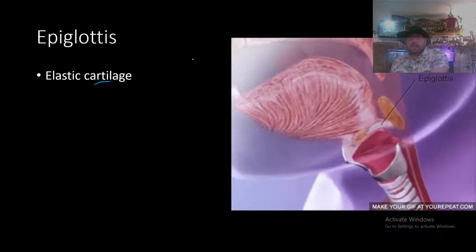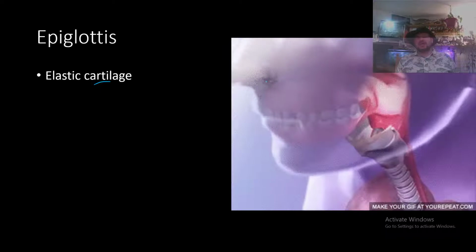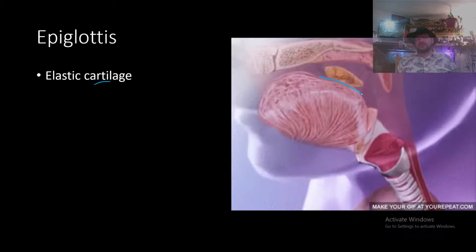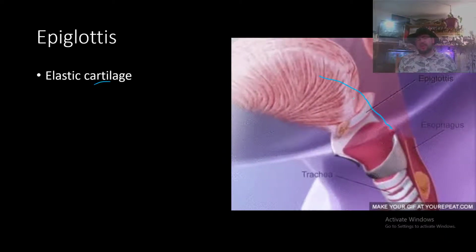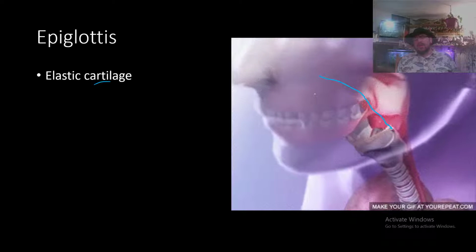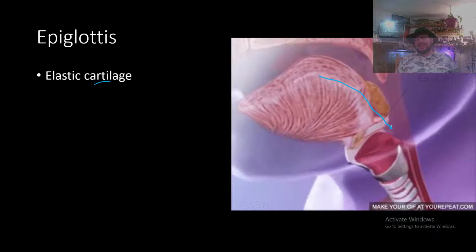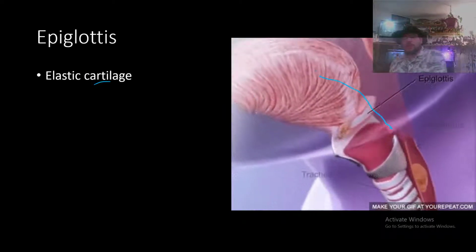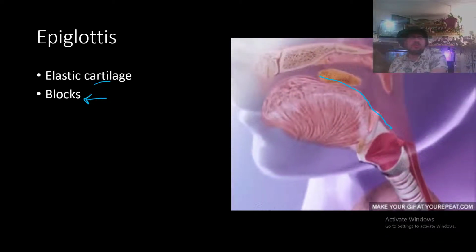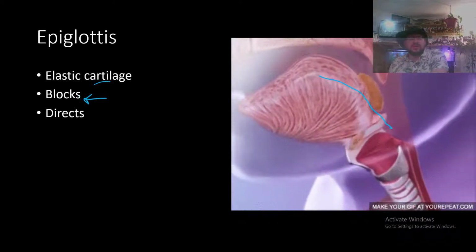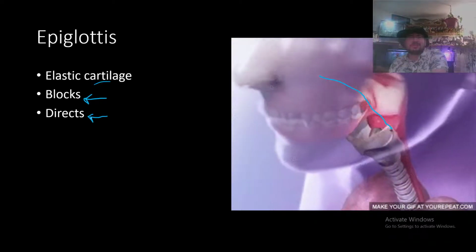So, basically, as food passes beyond the tongue into the oral pharynx, right here we can see, swallowing causes the epiglottis to bend downward and block off the trachea so that food is guided into the esophagus where it's supposed to go. So it blocks anything you're swallowing from entering the trachea. And it directs what you're swallowing into the esophagus.